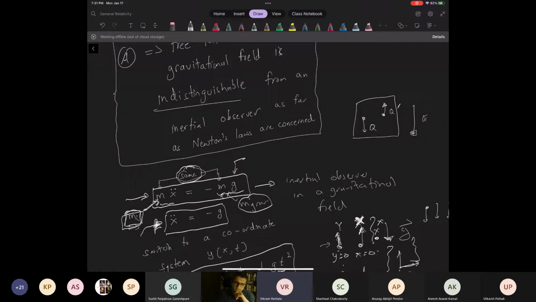Now, I could imagine that I switch to an accelerated frame of reference, with the acceleration this way, or downwards. In that case I would get pseudo forces, but they would act on both these objects in the same way. So the pseudo forces would not cancel the electromagnetic forces.